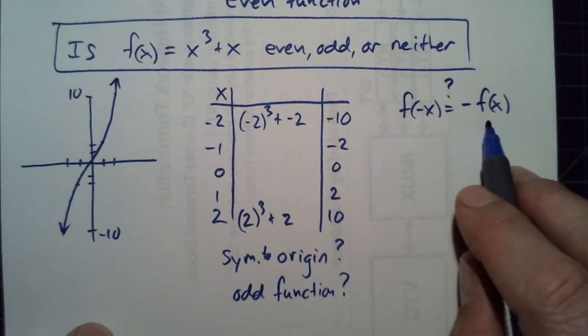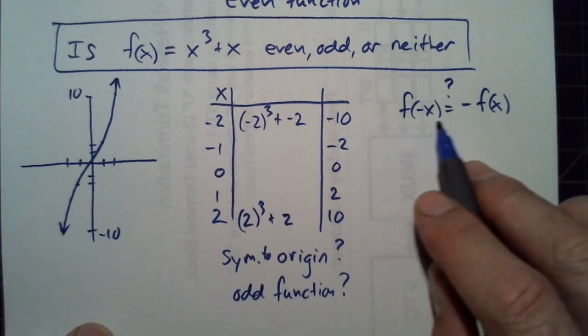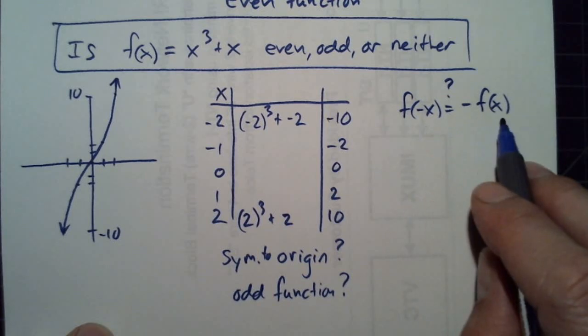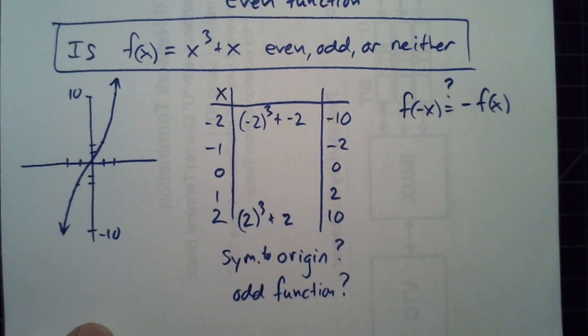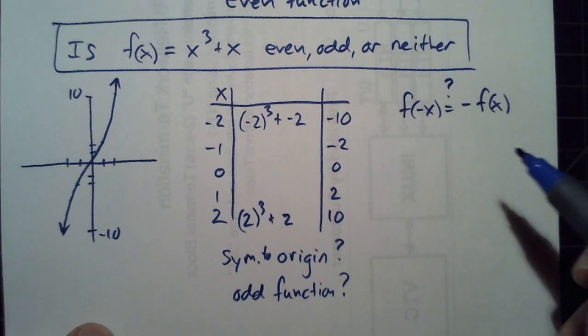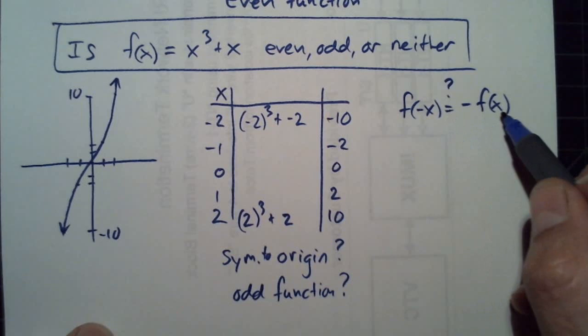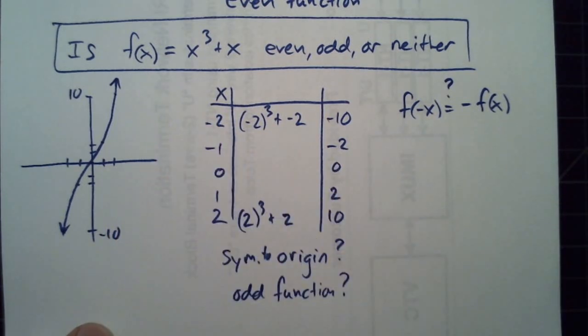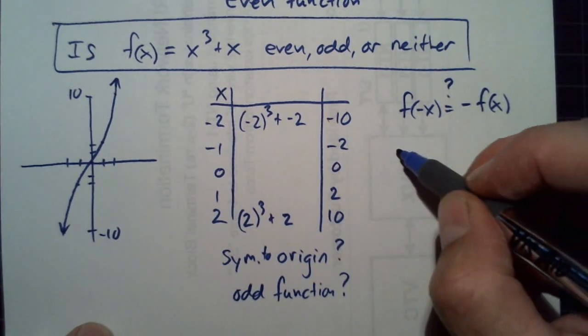That can be a confusing way to read it or write it. We are just going back to the concept that you can change both x and y and you get the same equation. So if this ever confused you, you could always just write it with a y, change the sign on the x and the y, and then see if you get back to the same equation. Let's do it that way.